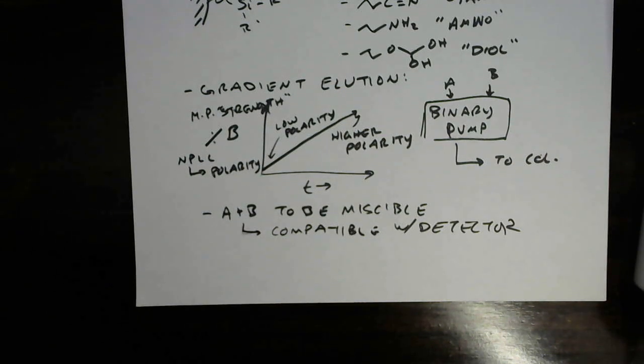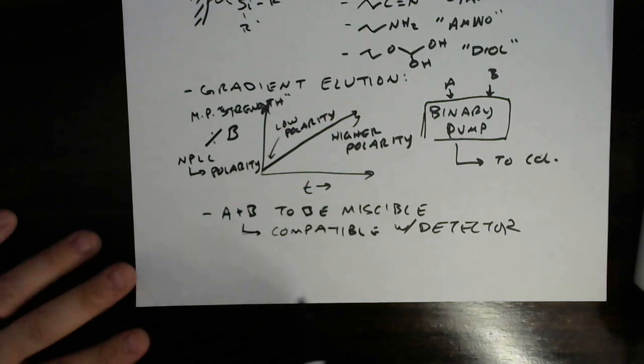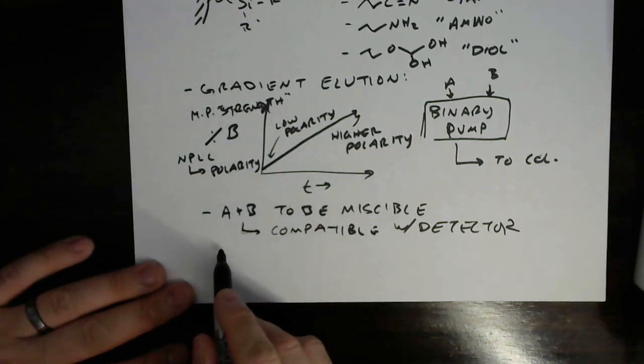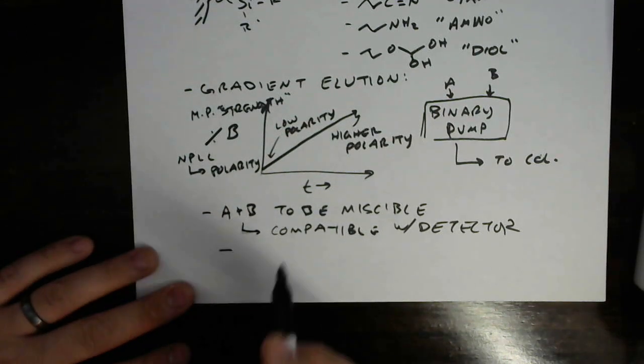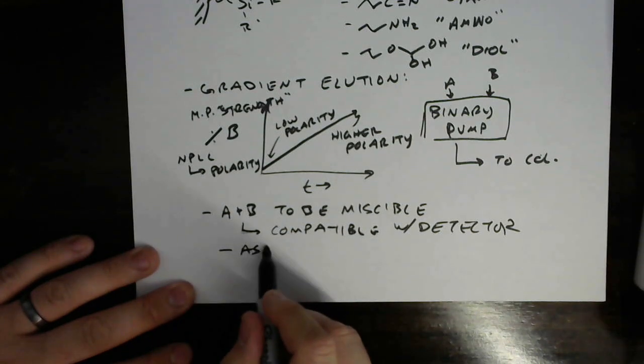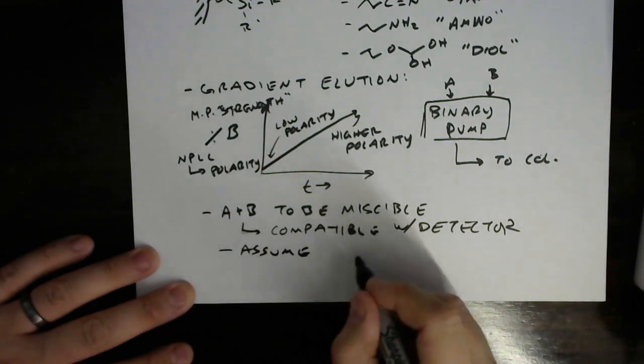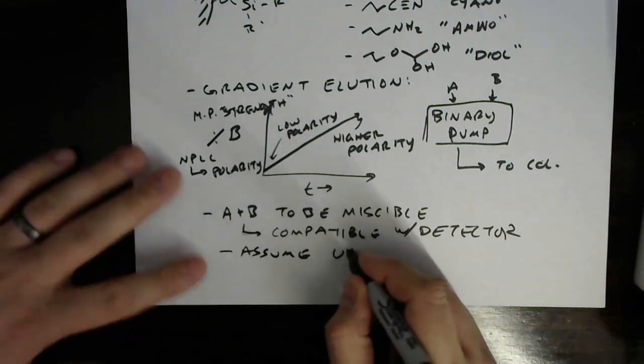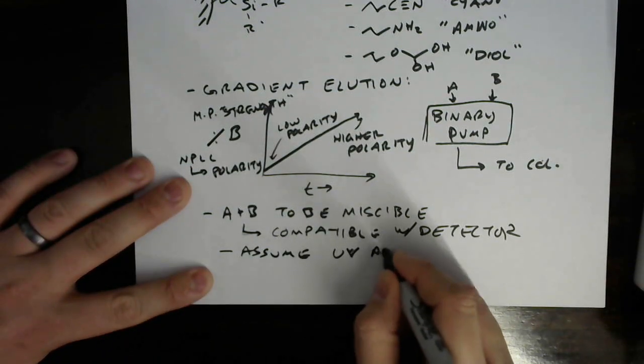If we're doing ESI, the solvent needs to be polar enough that things are ionized in solution, or you're not getting any ions to go into your mass spectrometer. And that generally means aqueous solvents. Here's the example we're going to use here because I think it's by far the most common. So let's assume UV absorbance detection.